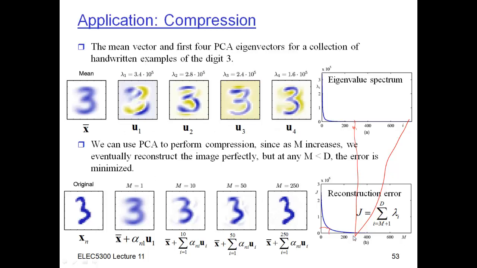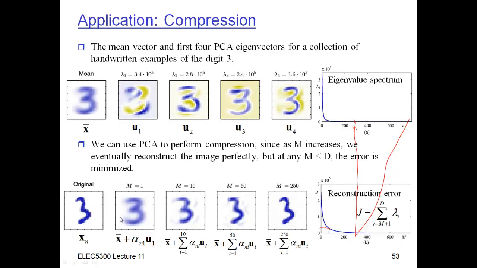So obviously here, if I have something around 250 eigenvectors that I'm using in the reconstruction, then I'm going to do a pretty good job of reconstructing because the error is going to be pretty low. Right? So that's what's shown here, but obviously this one is not exactly the same as this one. There are some extra pixels here, for example, in this region and this region, you can see a little bit.